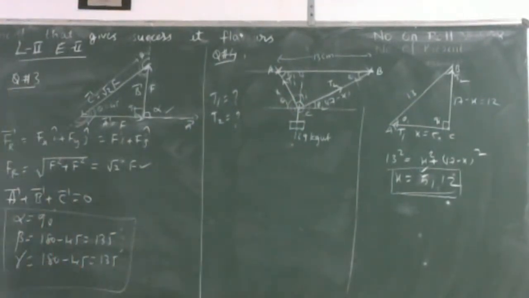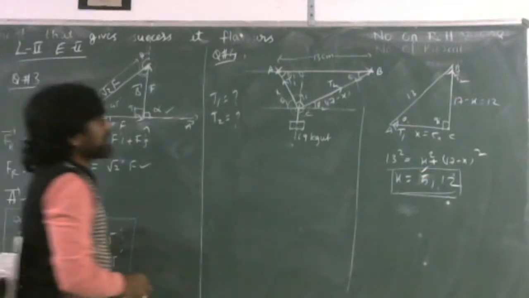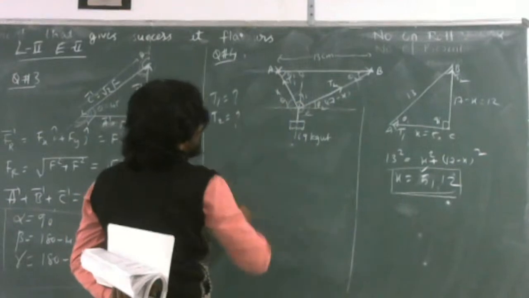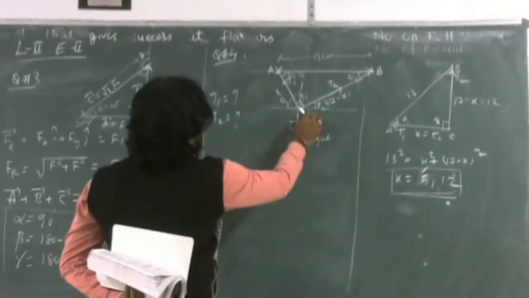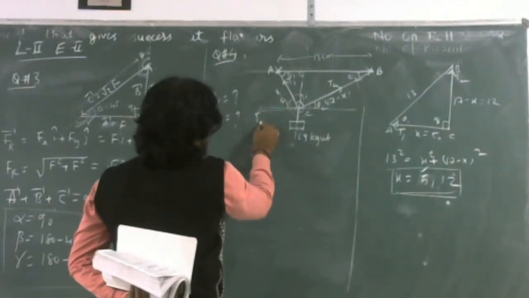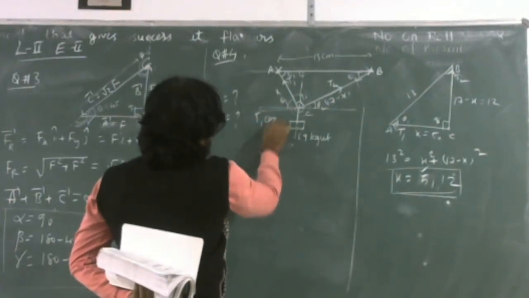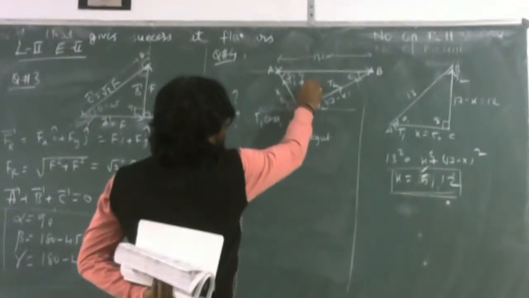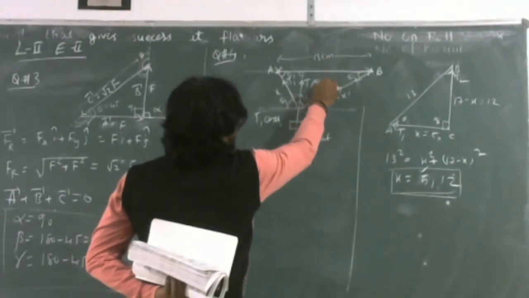If you consider this angle in a different way, you can consider equilibrium. In equilibrium conditions, you can find out T1 and T2. Let us take this force as T1 cos theta 1. In this way, with symmetrical relations, T1 cos theta 1 is along this, and this is theta 1, so T1 sin theta 1 you can take.